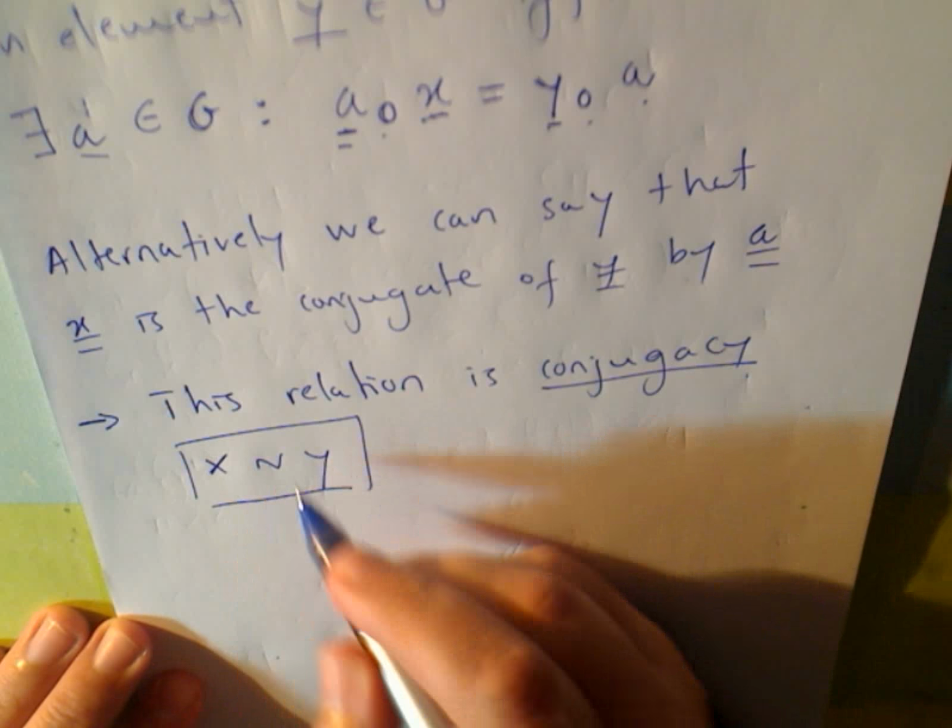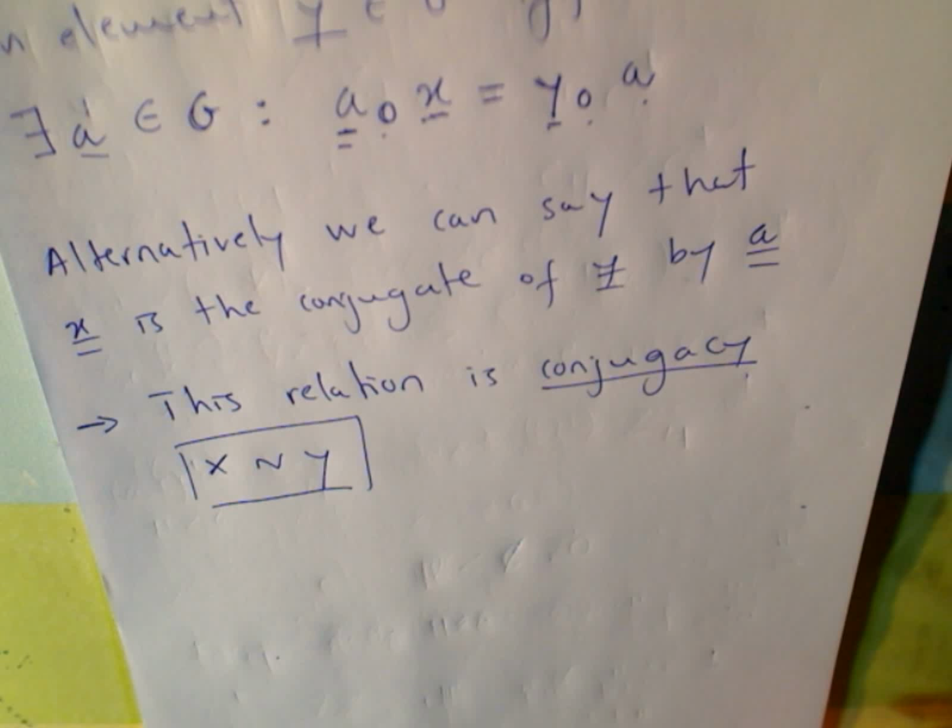It's a relation. Conjugation is a relation. X is conjugate of Y.